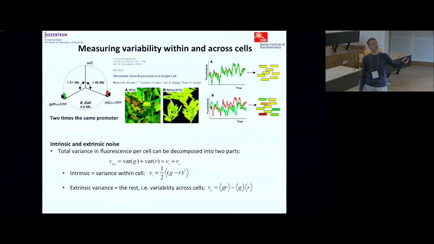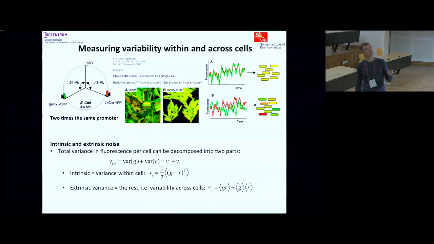And these two genes have the exact identical promoter, so they're controlled by the same promoter, so all the transcription regulation and so on should be the same for these promoters. And then you just put this construct in the cell and you take pictures.